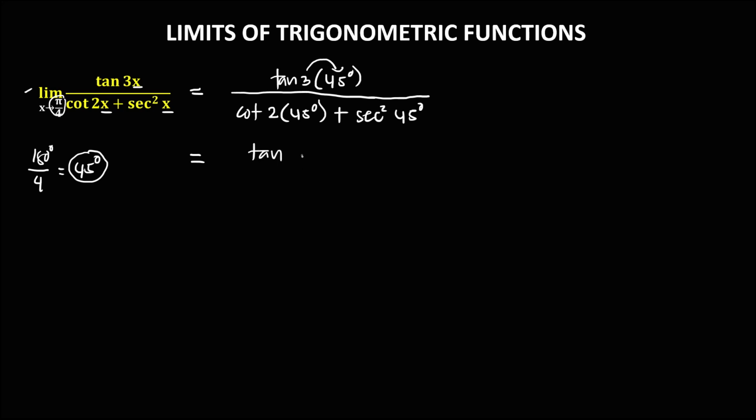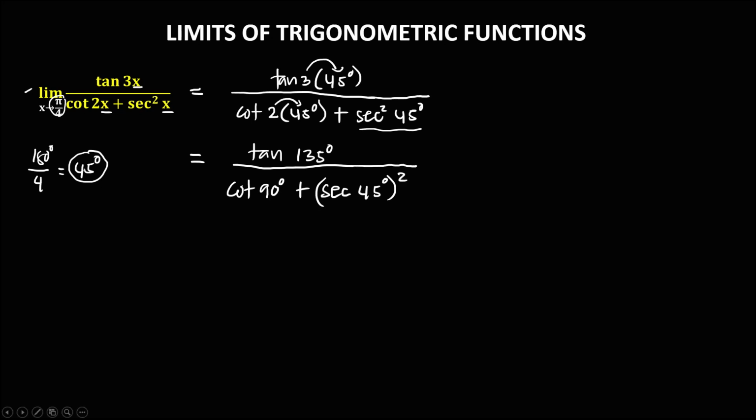So this becomes tangent 135 degrees, over cotangent of 2 times 45, that's 90 degrees, plus the quantity of secant 45 degrees to the power 2.